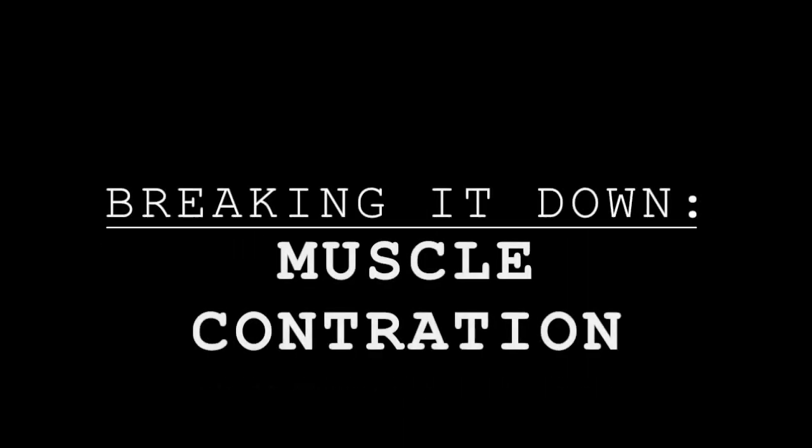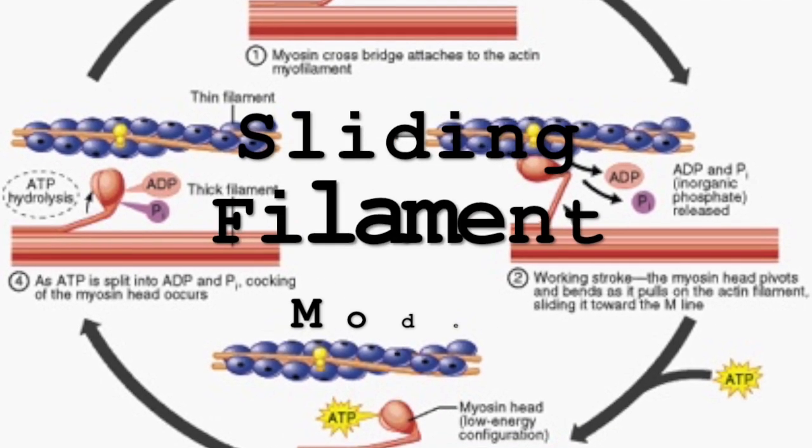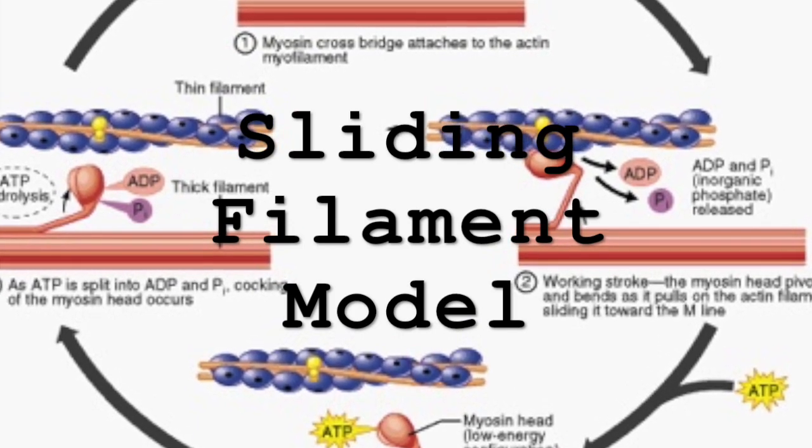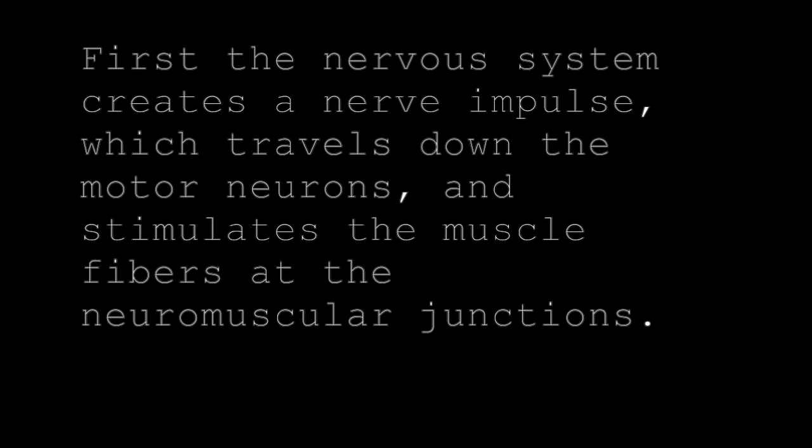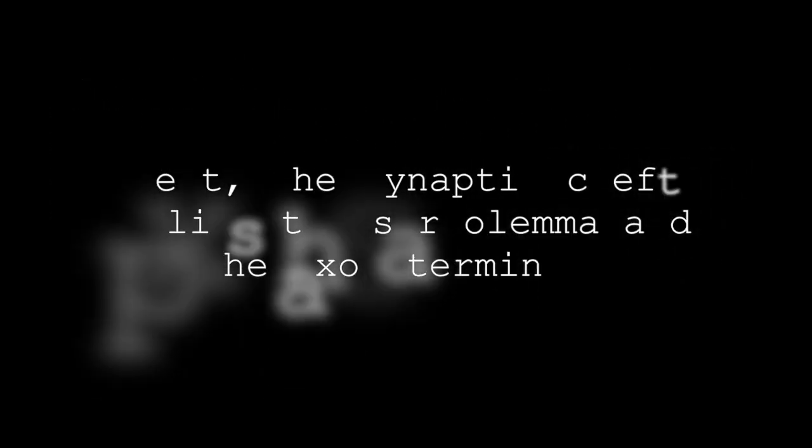Whole muscle contraction is a very complex process. Let's break down the process it takes to make one muscle contract. Muscle contraction can be described by the sliding filament model. First, the nervous system creates nerve impulses which travel down the motor neurons and stimulate the muscle fibers at the neuromuscular junctions.